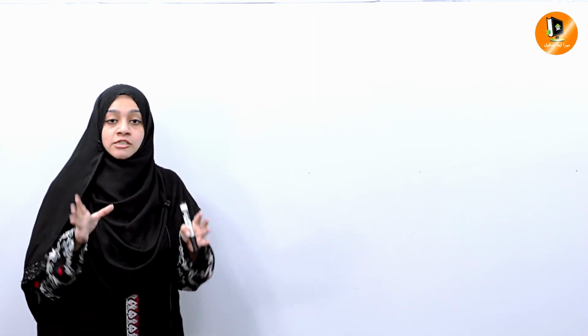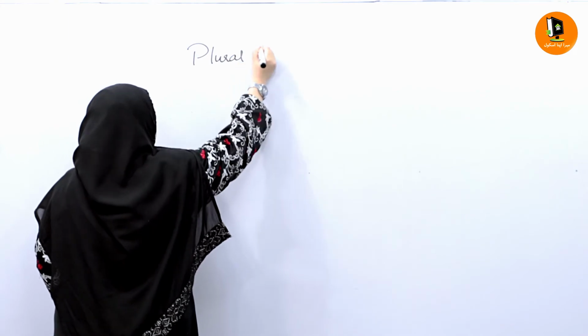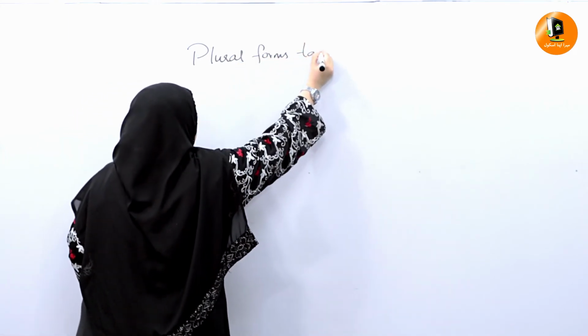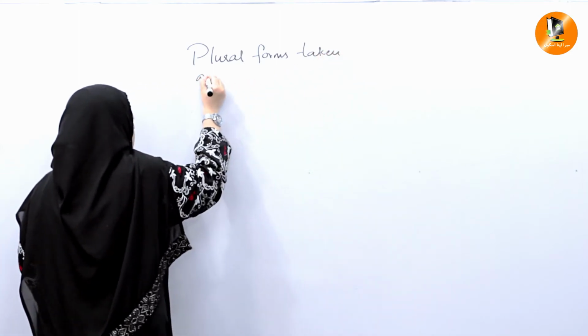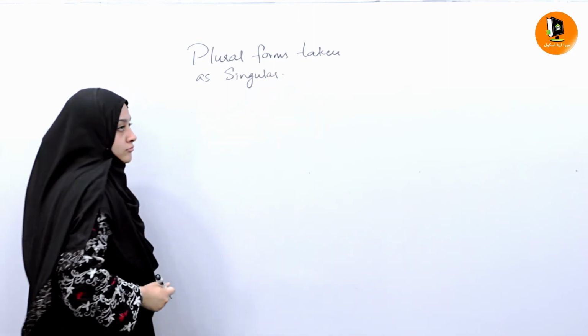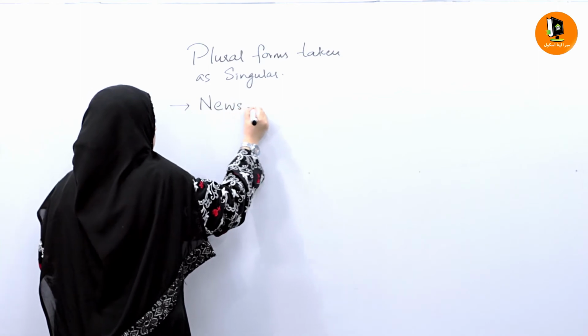Now there are two more cases remaining, which are the main ones. In those cases, number one is that there are some plural forms, but they are taken as singular. Plural forms taken as singular. For example, the word news.